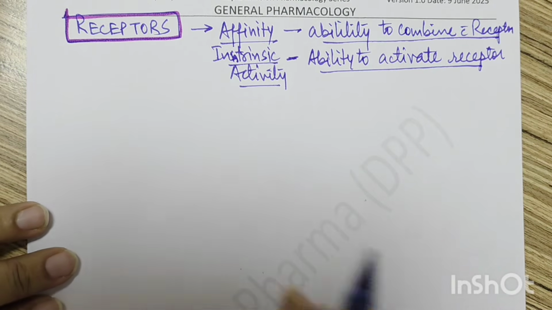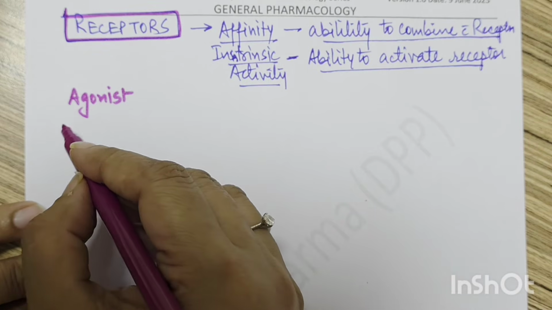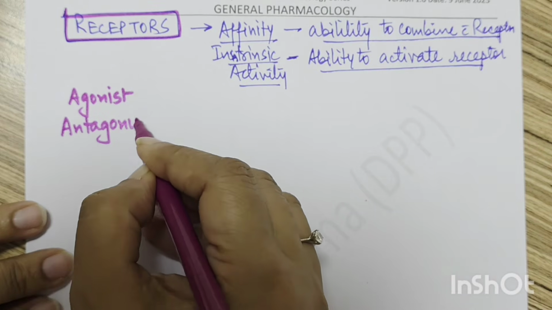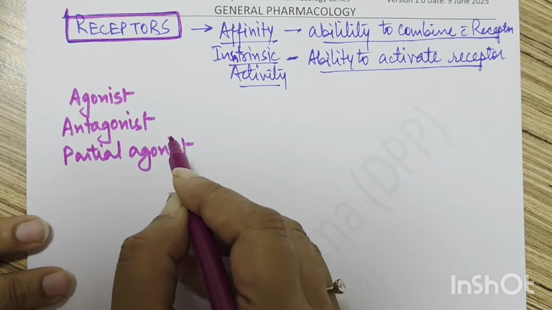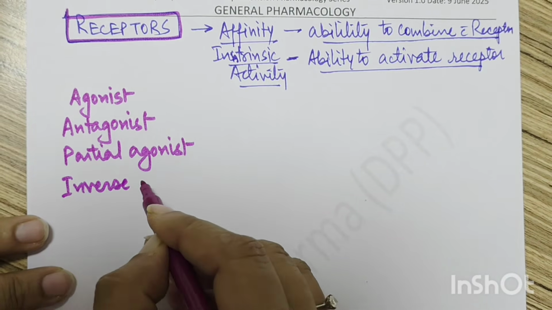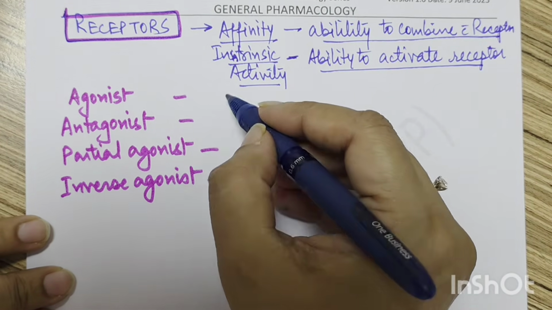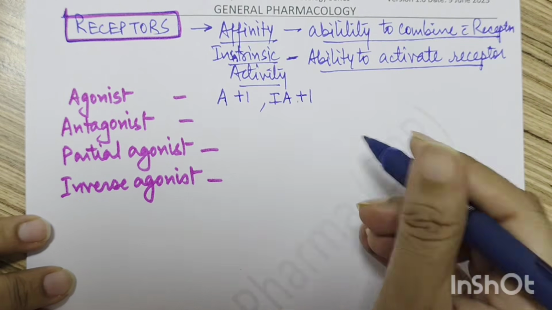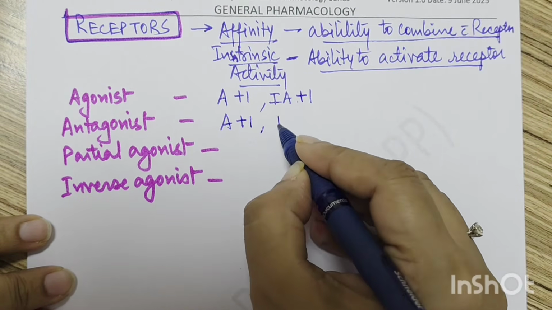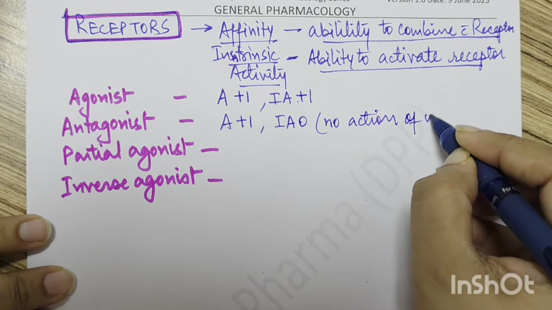Now the drugs are divided into agonist, antagonist, partial agonist, and inverse agonist. In an agonist, affinity is 1 and intrinsic activity is 1. In an antagonist, affinity is 1 and intrinsic activity is 0, so it has no action of its own, right?